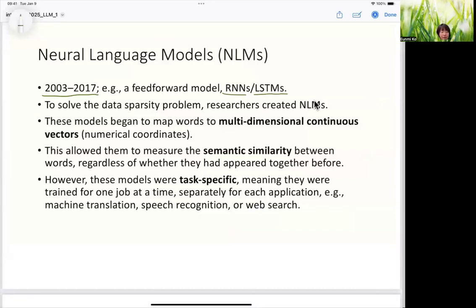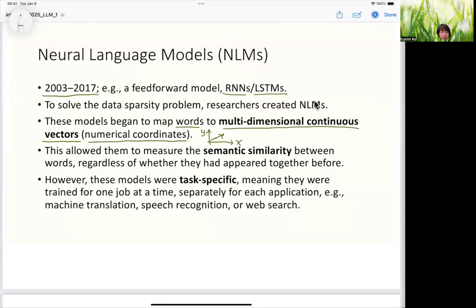These models began to map words to multi-dimensional continuous vectors. This means numerical coordinates, like a vector in an xy plane, like a vector like this. This allowed them to measure the semantic similarity between words regardless of whether they had appeared together before or not.